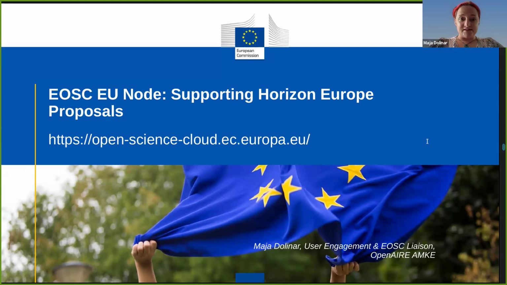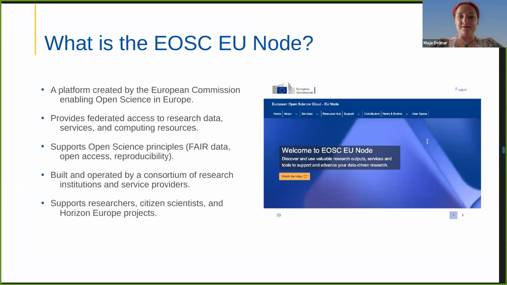So what is actually the EOSC EU Node? It is a key infrastructure for open science in Europe, as already said. It is a federated platform, and the EOSC EU Node is just one of the nodes that are currently being developed within the federation of the EOSC. So we will see what happens in the future.